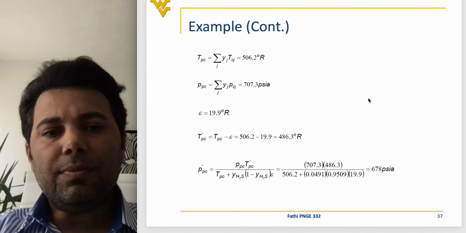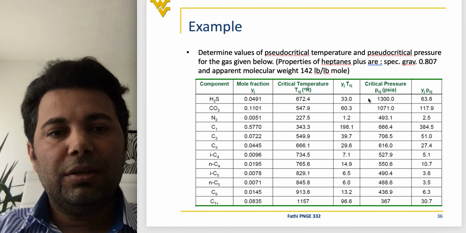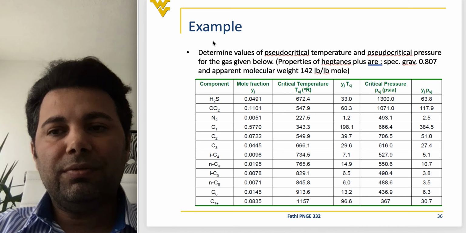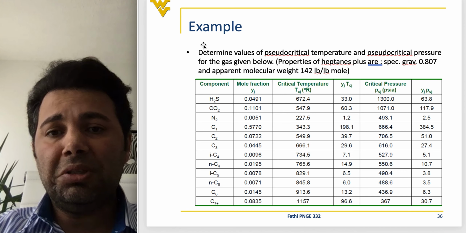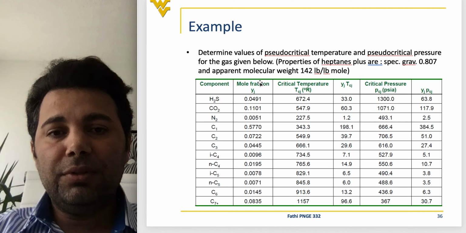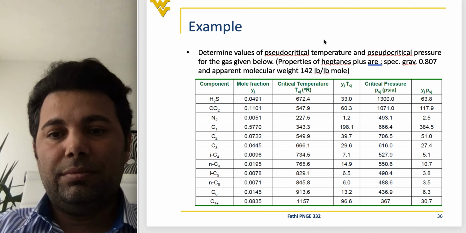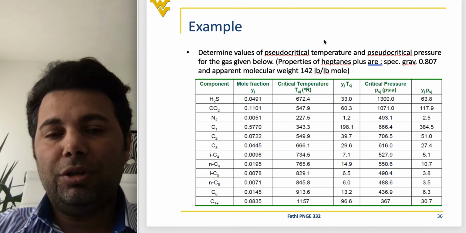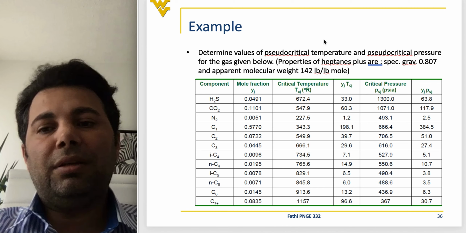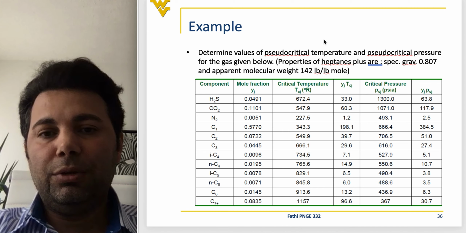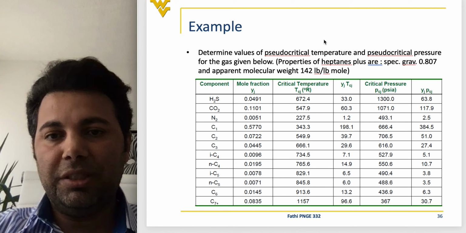So this is very important. You can add a couple of assumptions here. You can say, find the density of this mixture at, let's say, 4,000 psi and 100 degrees Fahrenheit. If you can solve this, then definitely you will be able to solve one of your open book questions for your midterm exam.